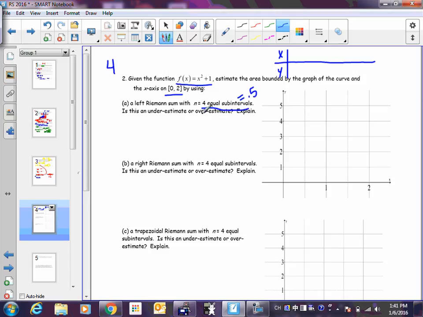You're going to divide 2 by 4. Think of it this way: this is 0.5, that's 1, and this is 1.5. You have 1, 2, 3, 4 subintervals from 0 to 2. Those are going to be your x values up here. So we're going to start with 0, 0.5, 1, 1.5, and 2.